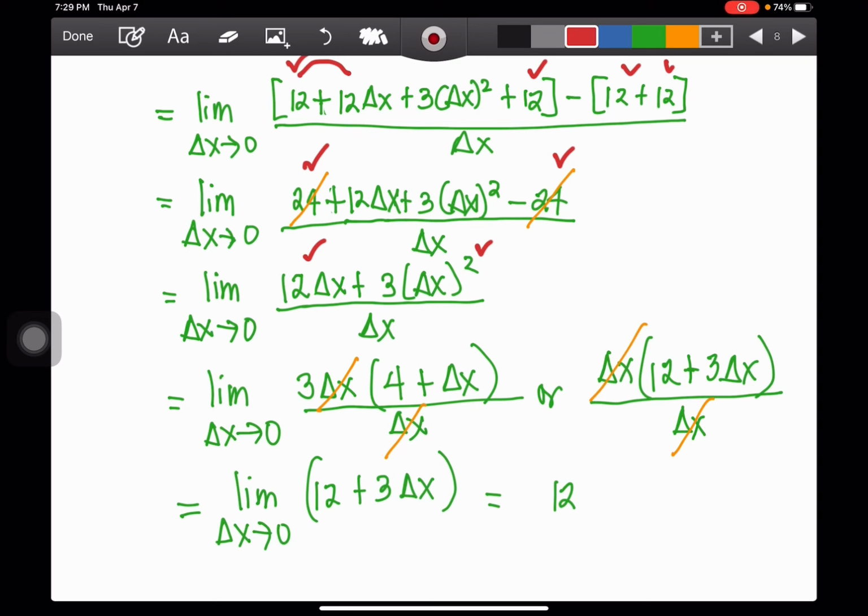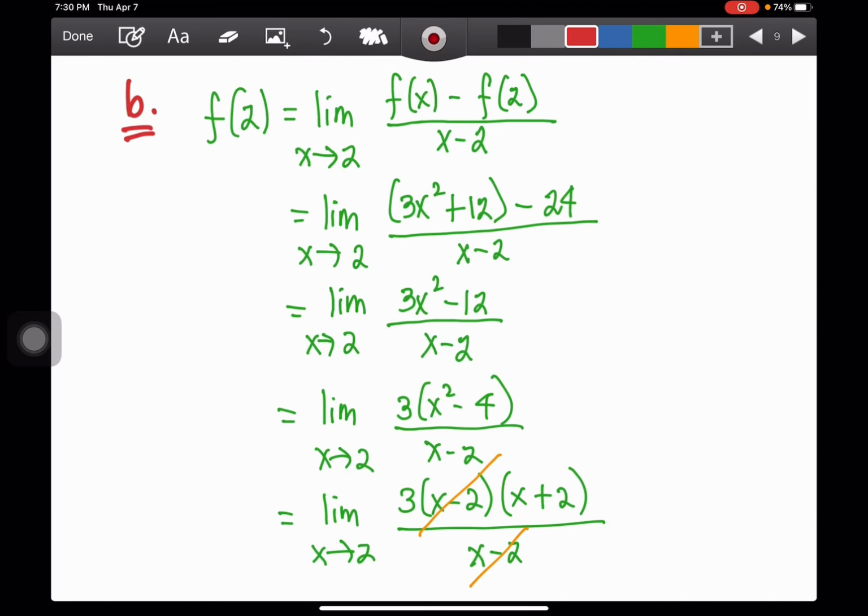So you have 12 plus 3 delta x. You can do both; still, these two procedures will arrive at a leftover of 12 plus 3 delta x. Now, the limit of 12 plus 3 delta x as delta x approaches 0, meaning this becomes 0, the outcome is 12. Okay, so that's formula number 2.